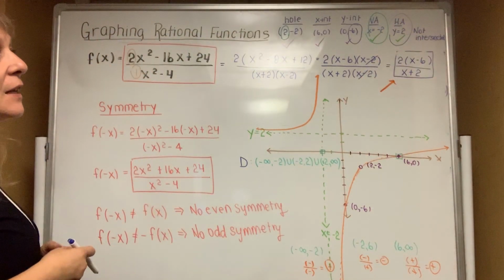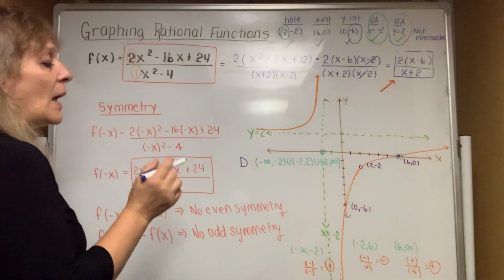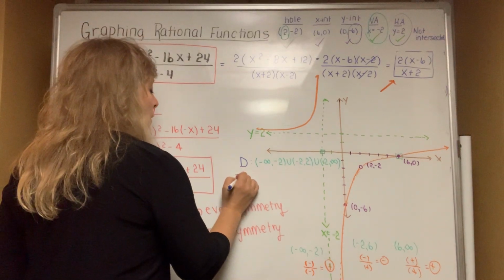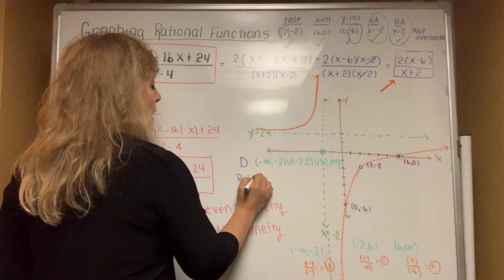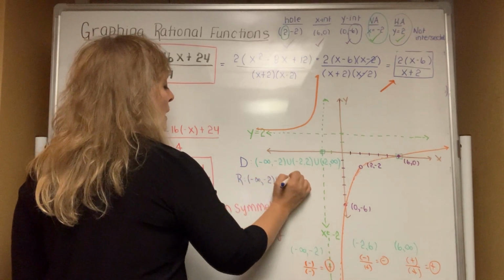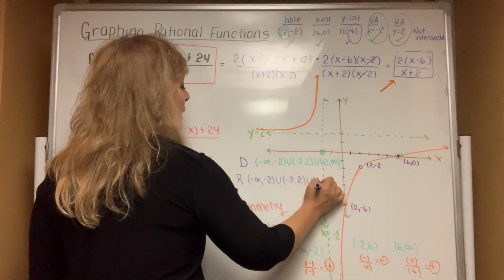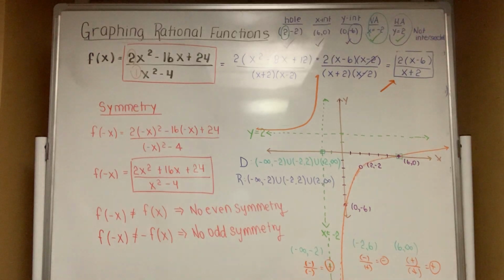Because it does not intersect the horizontal asymptote, you will jump over it. And you will jump over the y coordinate of the hole. So your range, you're jumping over a -2 and a +2. So it's -infinity to -2, union, -2 to 2, union, 2 to infinity. And that's how you write down the range of the function.